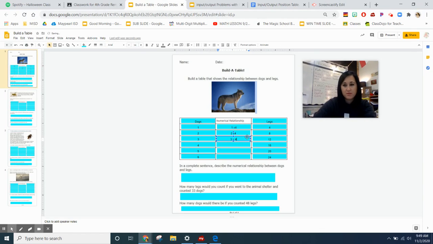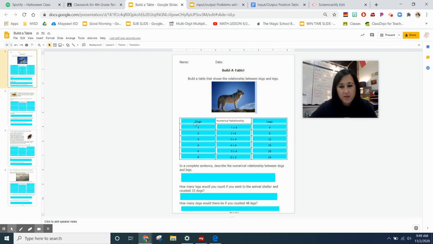You see, we're doing times 4 as our rule to our position. 4 dogs has 16 legs, so 4 times 4. And then 5 dogs is 5 times 4. 6 dogs is 6 times 4. So our rule is we're multiplying the number of dogs by 4.